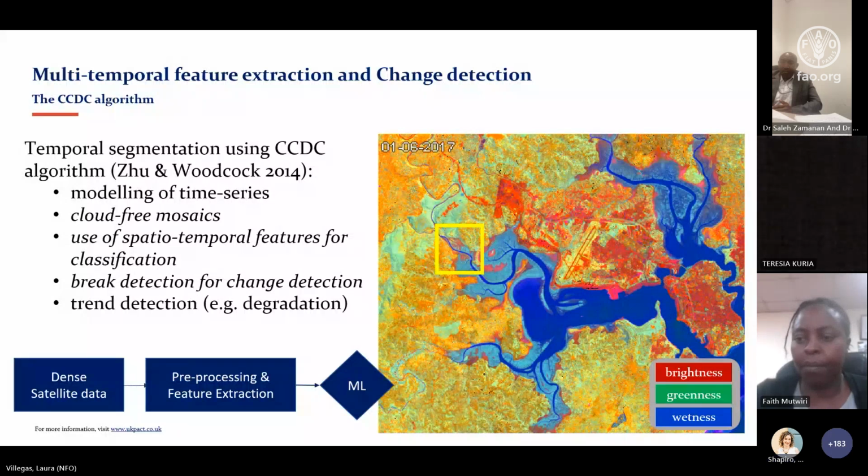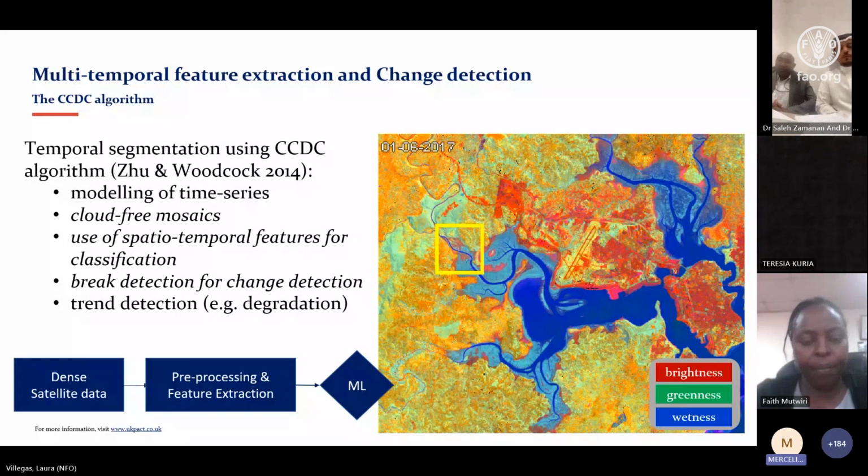Oh, sorry for that. Okay, I was talking about using the CDC algorithm to do segmentation for us to be able to do change detection and look at various activities. And therefore, the CDC algorithm per se is able to create a continuous change detection by fitting a linear regression for monitoring.